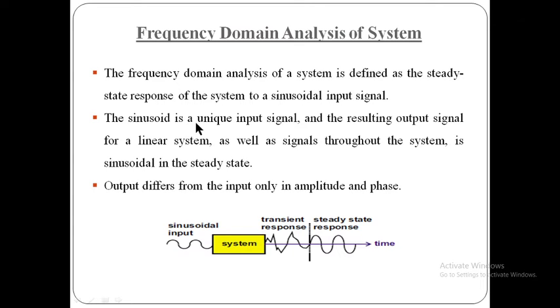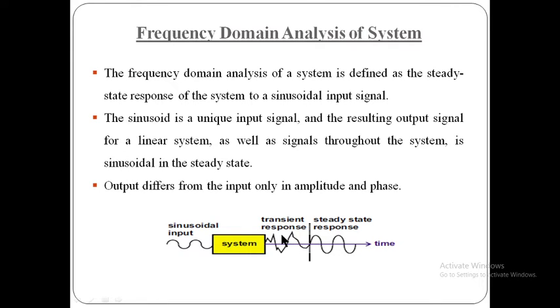The sinusoid is a unique input signal, and the resulting output signal for a linear system, as well as signals throughout the system, is sinusoidal in the steady state. The output differs from the input only in amplitude and phase. So here it is the input and here is the output. The output is firstly a transient response, then a steady state.